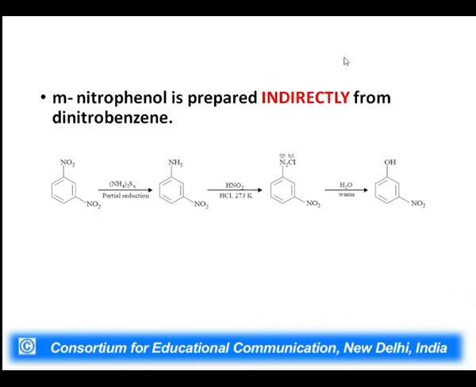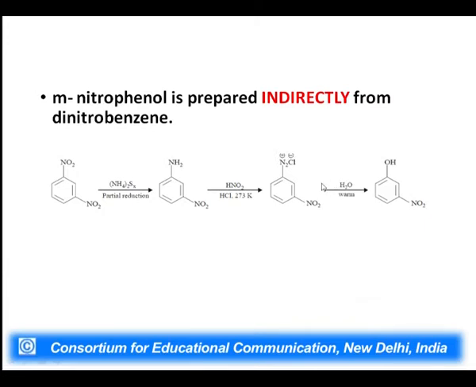Now again we are doing that same reaction, that is the diazotization of the amino group with HNO2 and HCl at 0 degrees Celsius, when we get benzene diazonium chloride salt. And then when we heat this benzene diazonium chloride with warm water, we get metanitrophenol.